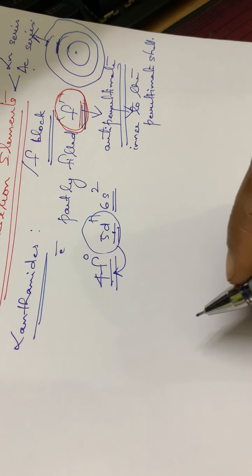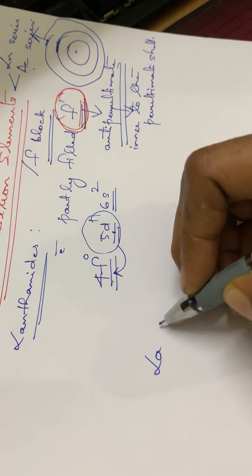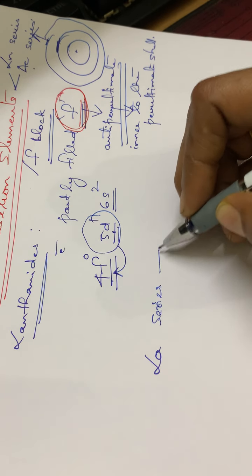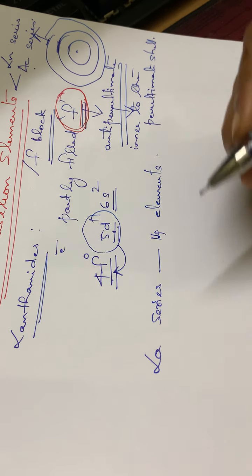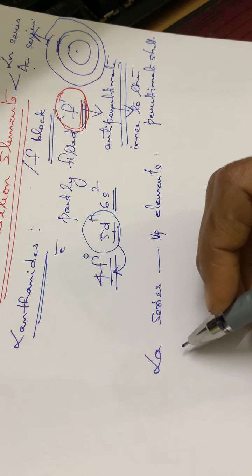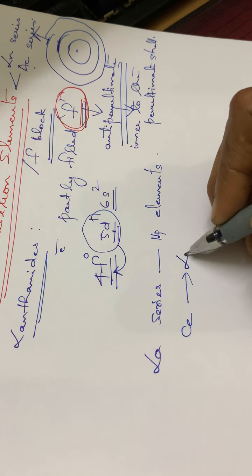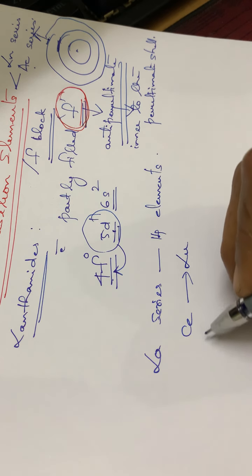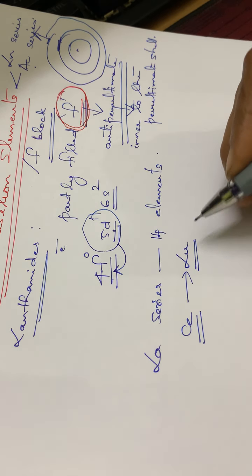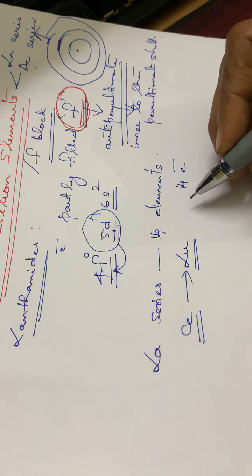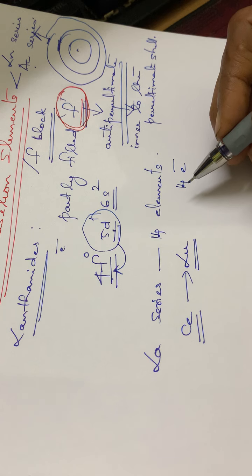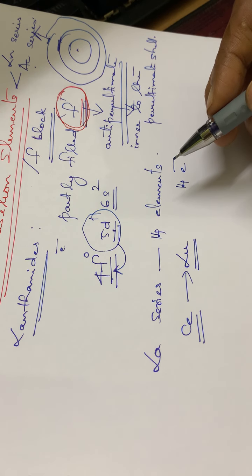Then next comes the lanthanide series. The lanthanide series consists of 14 elements, starting from cerium to lutetium. That means the 14 electrons will be added to the 4f orbitals in the lanthanide configuration.